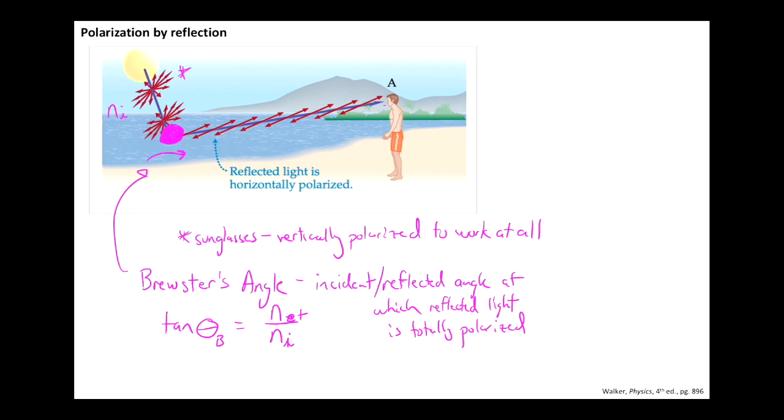There's no way to draw that. The index of refraction of the stuff that the light is reflecting off of. Here it's water, maybe it's the road, maybe it's something else. Tan of theta b equals nt over ni. That is the angle of reflected light that gives you total polarization. And for now, that's the end of polarization, okay?